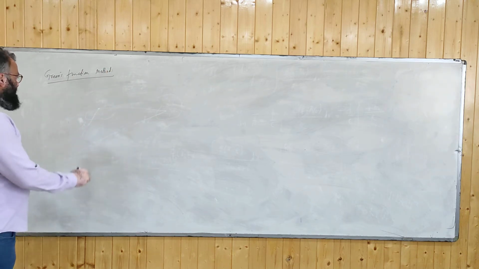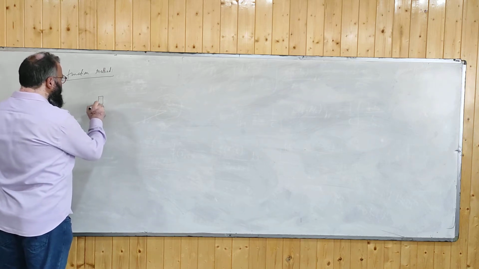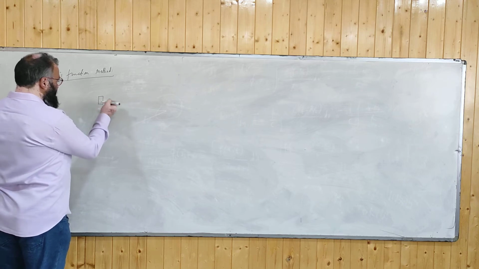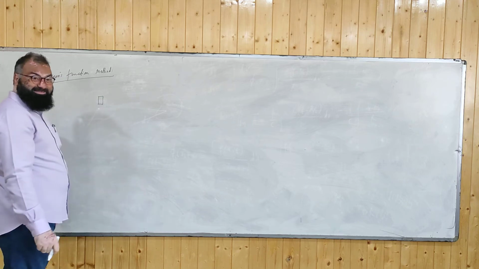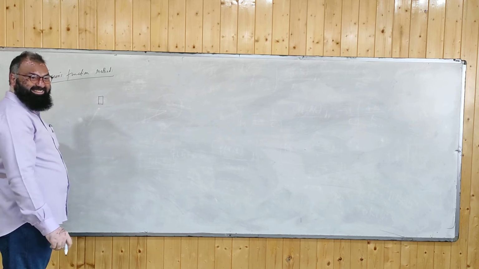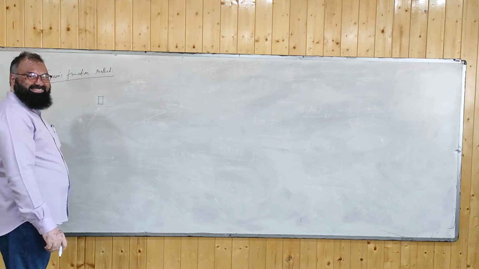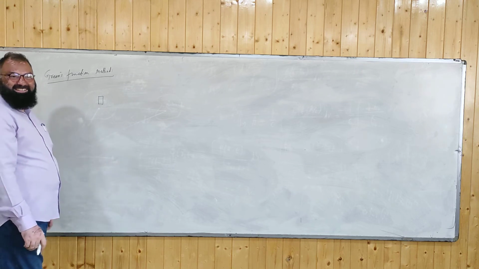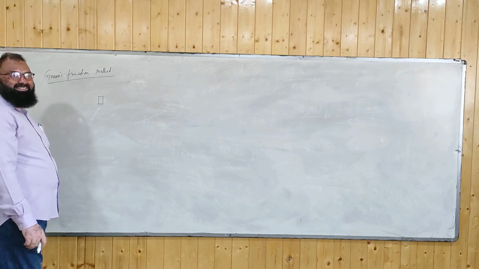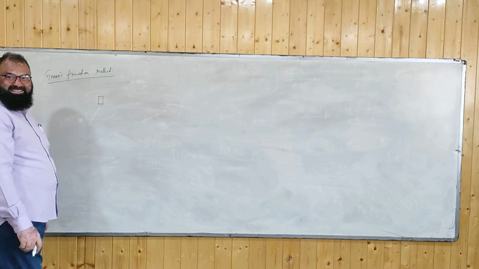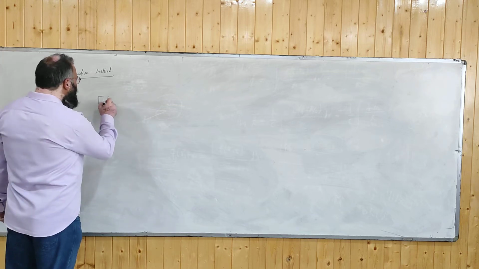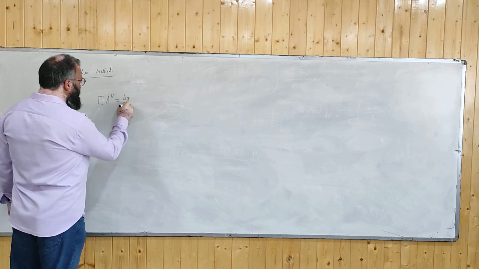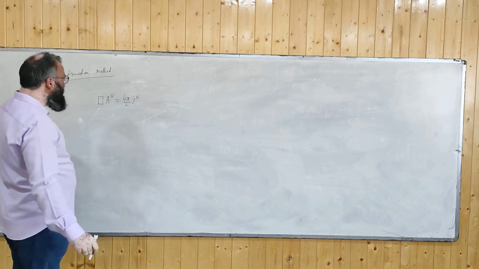This is our equation: the box operator acting on A mu is equal to 4 pi by c times j mu.